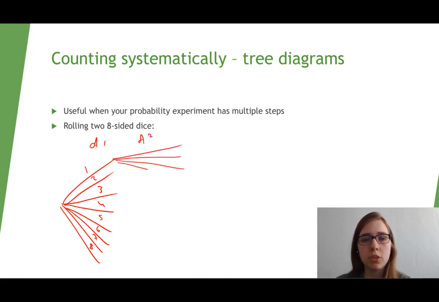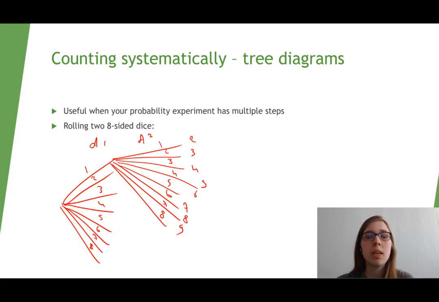I can just only draw it on the first one. And know that this is 2, 3, 4 as a sum if I add them together. And it gives me some idea of what the total amount of options will be, because I have 8 options here, and for each option I have another 8 options here, so I do know that my total amount of options are going to be 64.